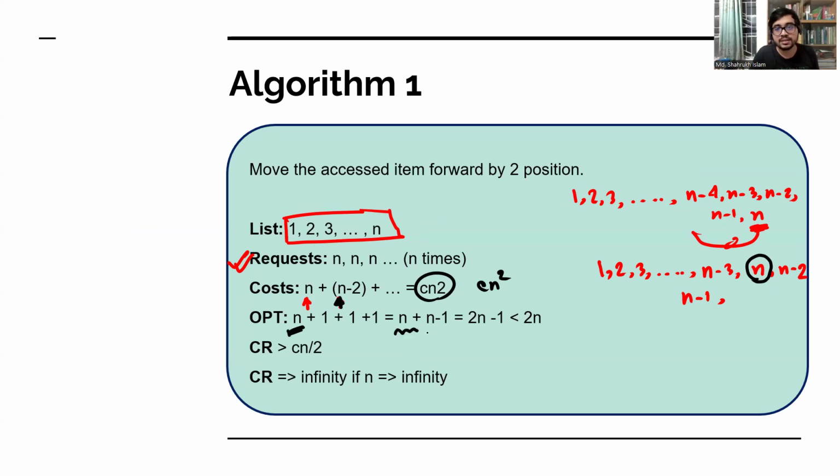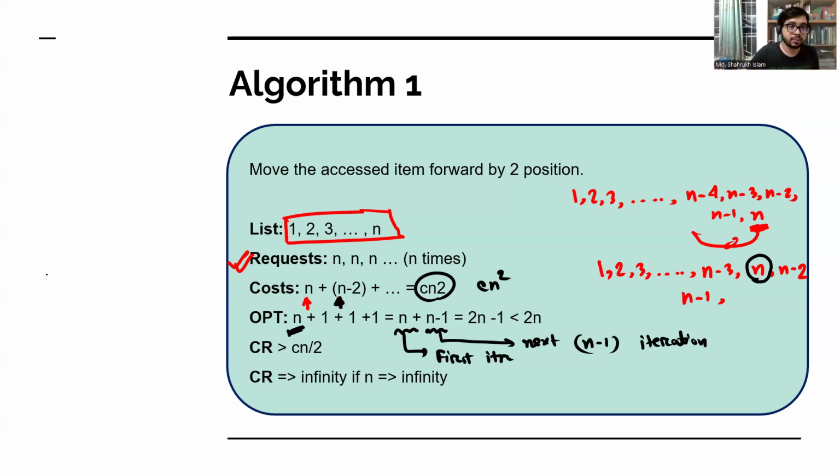That means n plus n minus 1, because this is the first iteration, and this is the next n minus 1 iterations. In each iteration it will take 1 unit of time. That's why n minus 1 iterations will take n minus 1 units of time. So this is 2n minus 1, which is less than 2n.